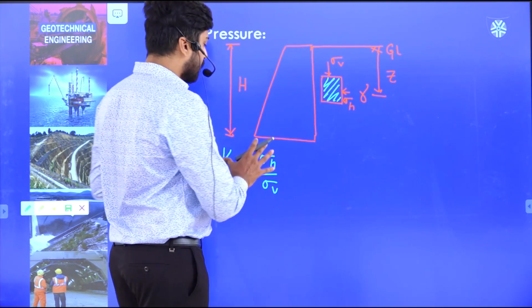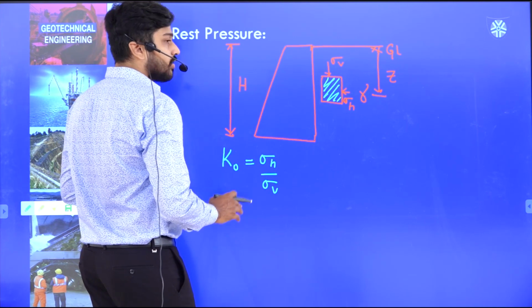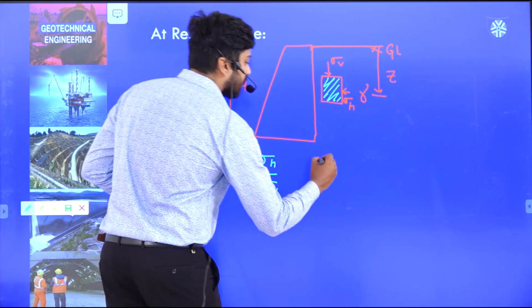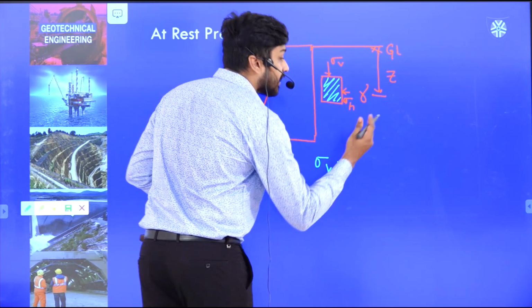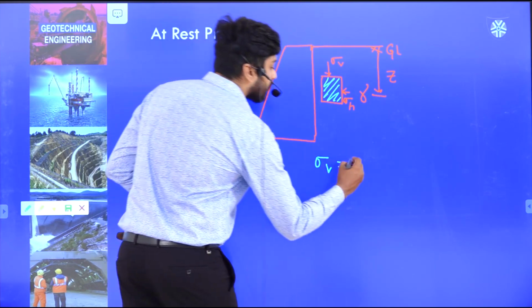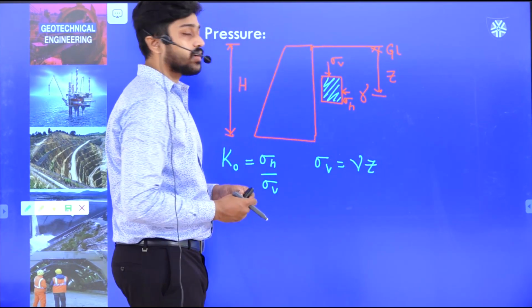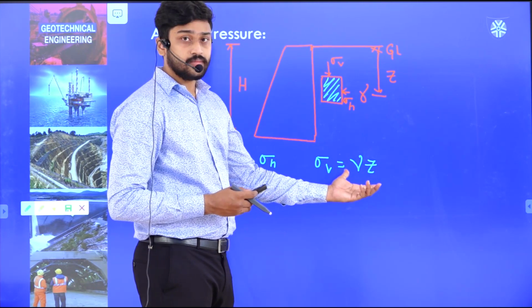From our previous concepts we know that the vertical stress sigma v at a depth z is nothing but gamma into z. We know this particular thing.